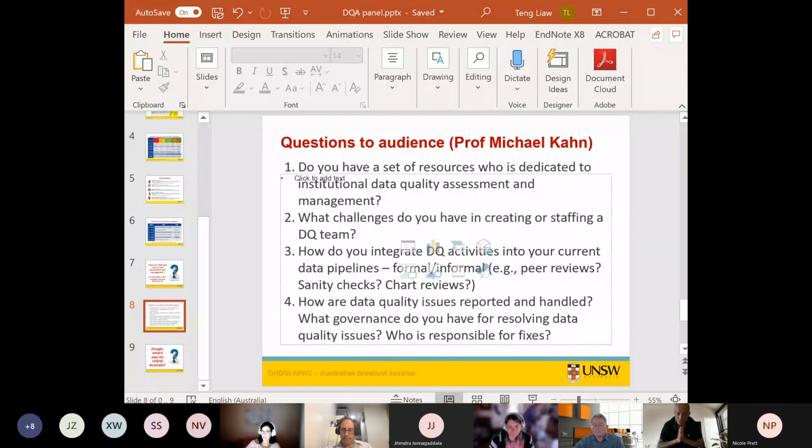But I guess that raises another question for me. If we have the processes in place in terms of the governance and the provenance, do we also need some form of more technical solution, in addition to the common data model, as well as the common metadata model? Because especially, I think, the metadata is very contextual.